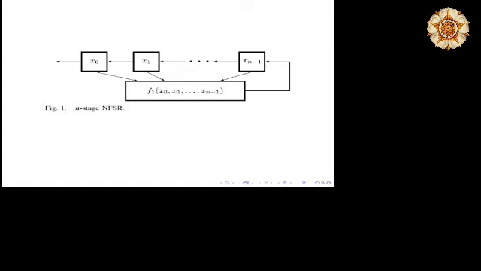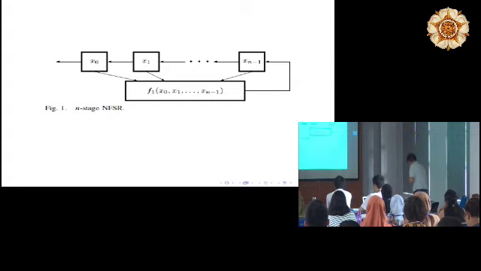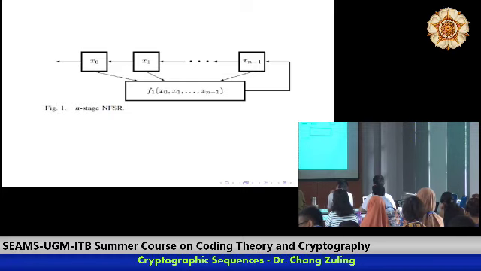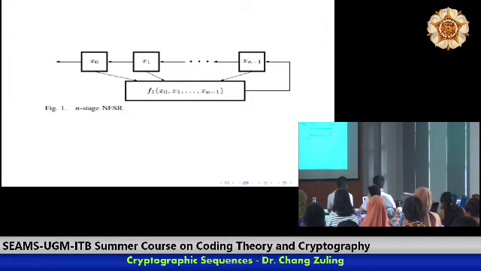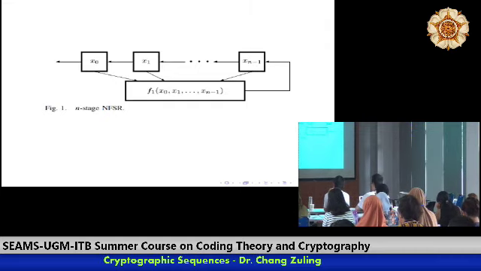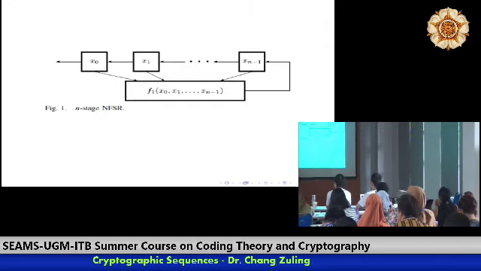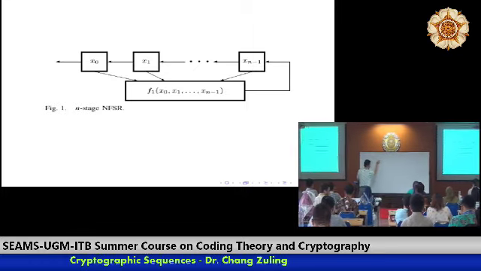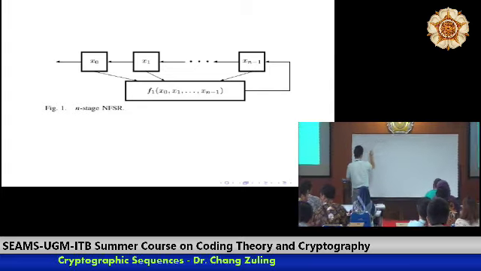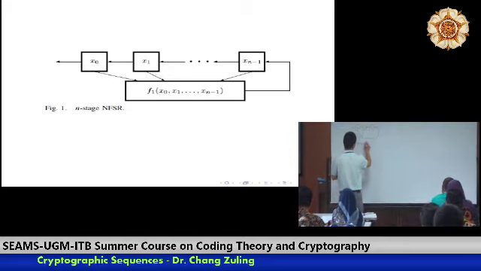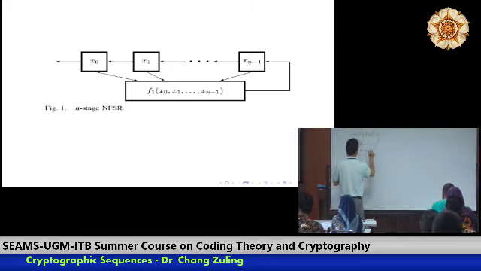We can give an example. The register has 3 stages, so n equals 3, and the feedback function equals x0 plus x1.